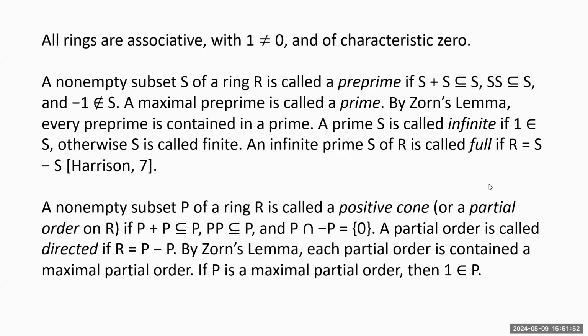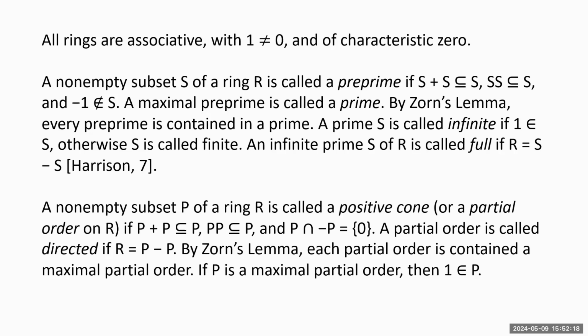Okay, I'll go over the definitions first. In a ring, a subset is called a preprime if it is closed under addition and multiplication and does not include -1. A maximal preprime is called a prime, by Zorn's lemma. Every preprime is contained in a prime.